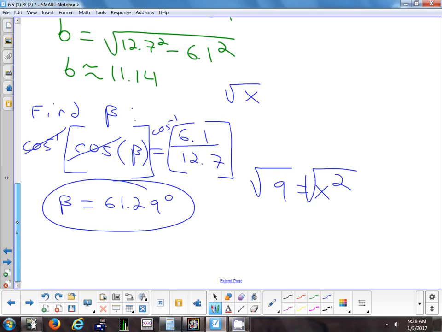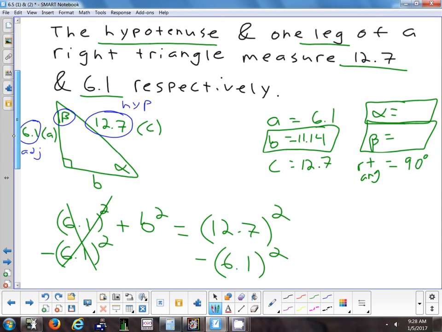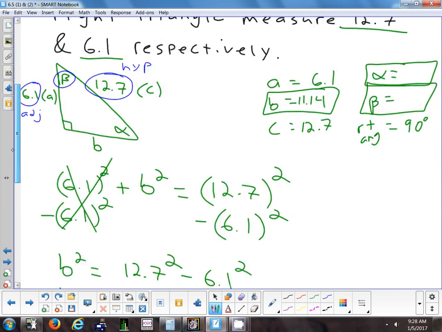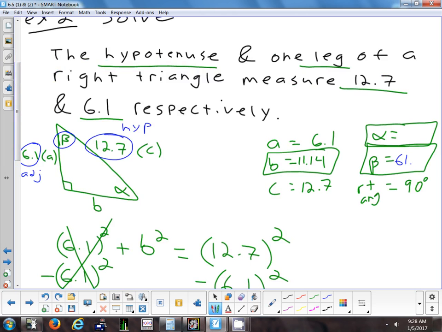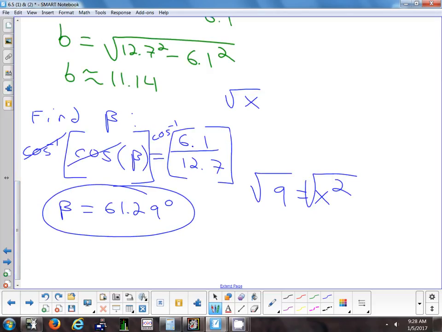So inverse cosine is always used when you want to find an angle. Anytime you use inverse cosine, you're looking for an angle. Any questions on that?